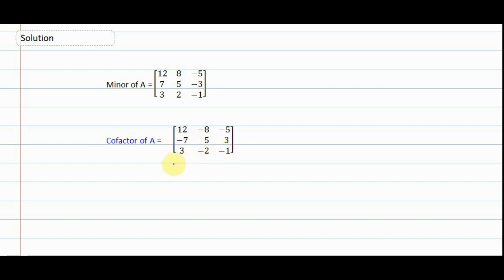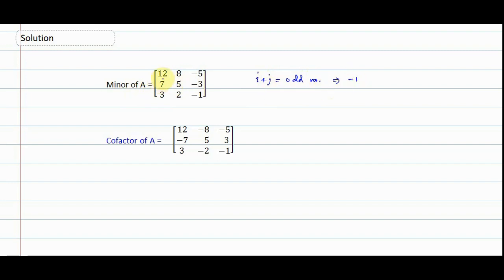So to get this answer, at first you have to calculate the minor of A. Then wherever we have i plus j equal to an odd number, that has to be assigned a minus sign.